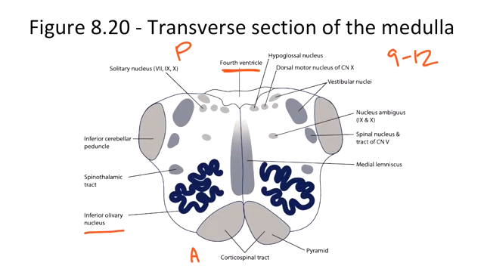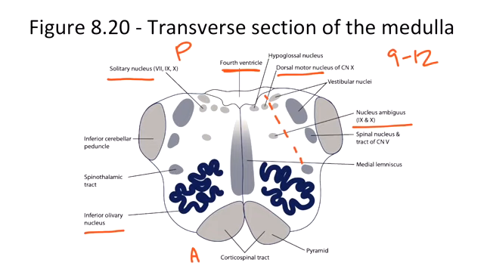Again, I'm not going to cover all of the nuclei in this image, but notice the solitary nucleus, the dorsal motor nucleus, and the nucleus ambiguus. Remember that the sulcus limitans is about right here, which means any nuclei lateral to this point are sensory nuclei.